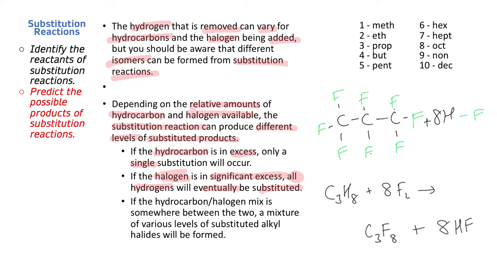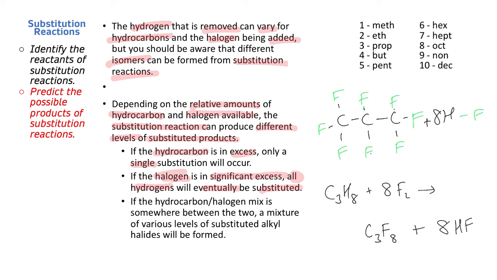Both of the halogens do not get substituted, only one of them. If you want another substitution, you have to get another halogen molecule to do that extra substitution. But that's only if the halogen is in significant excess.